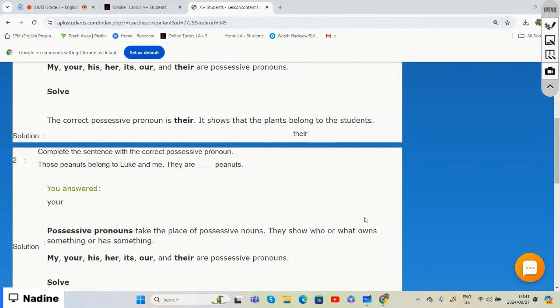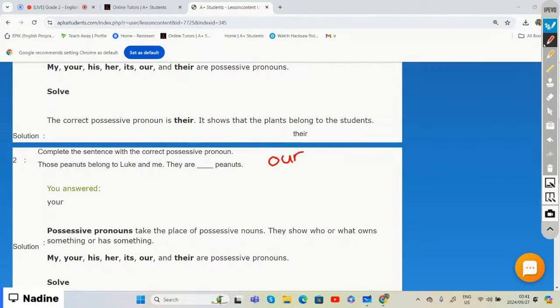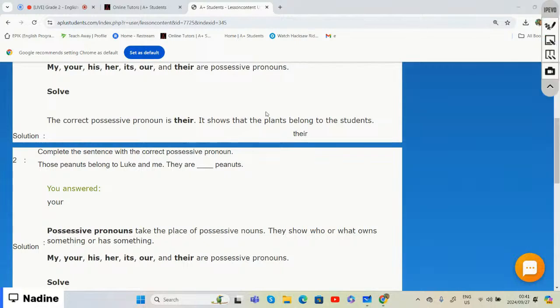If we were to choose the correct one, we say that the peanuts belong to Luke and me. So if it belongs to Luke and me, then we can say it is our peanuts. If something belongs to me and someone, then it's ours. If something belongs to you and someone else, then it is yours or theirs. So now let's go to our test where we are going to use possessive pronouns.